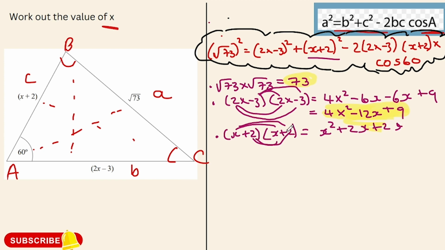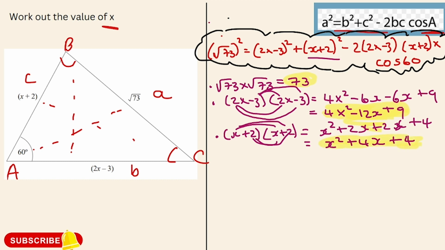And then 2 times 2 is 4. If I was going to simplify that, that is going to give me x squared plus 4x plus 4. Okay, so that's an important value over here. So it's an important expression actually.